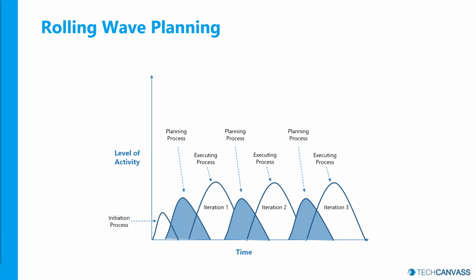elaboration. If you look at this diagram, on the x-axis we have time, and on the y-axis we have different levels of activity. The first wave you see here is initiating the project. After initiating the project, you are planning first, and you're not planning for the entire scope.